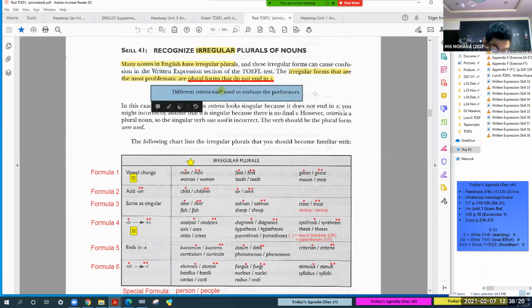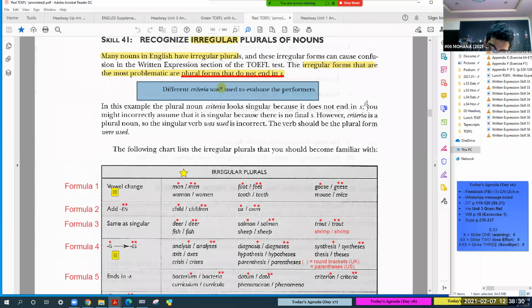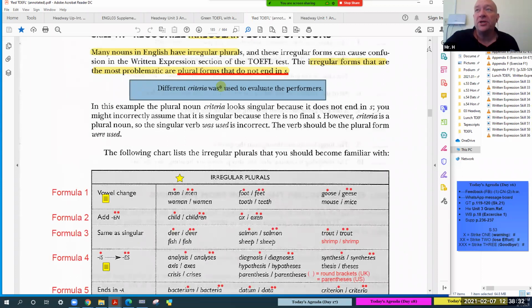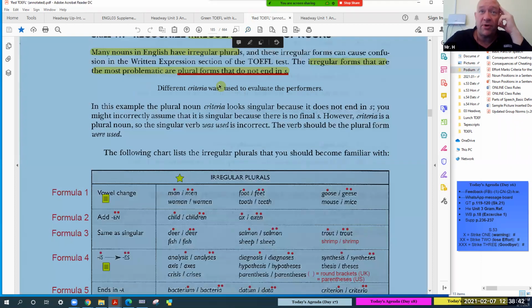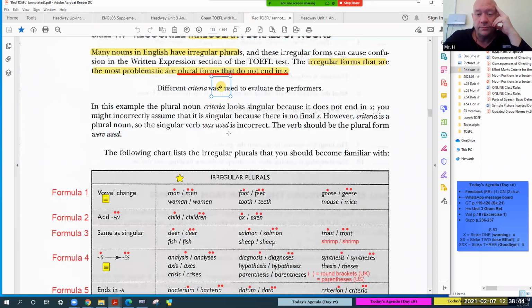All right, Mohanna, example. Different criteria was used to evaluate the performance. Now, obviously, everyone, you can see there's a problem. Well, maybe it's not obvious, except the book shows you this little star.